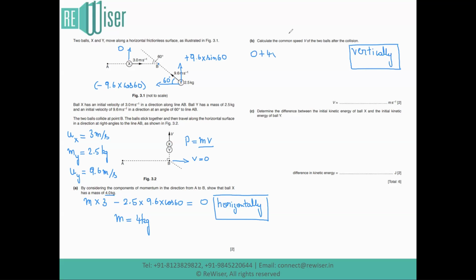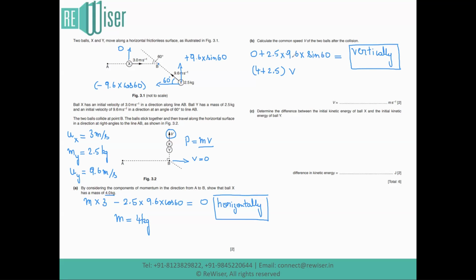I'm sorry, I think that's 2.5, my mistake. 2.5 into 9.6 into sine 60. This is the total momentum before collision. This is equated to the total momentum after collision. We understand that the bodies stick together after collision, which means their combined mass is 4 plus 2.5 times the final velocity along the vertical direction v.